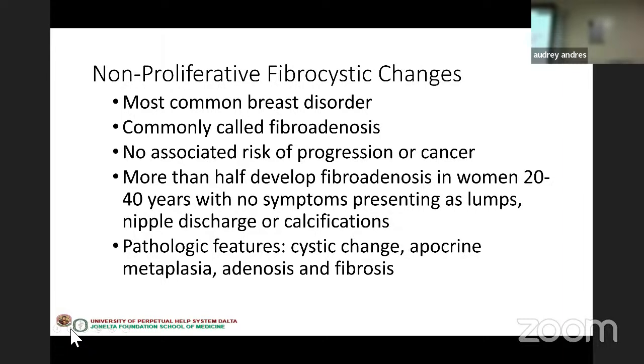So there's no associated risk of progression to cancer, and usually these develop in women 20 to 40 years, with no symptoms. So it will just present as a lump, may present as a nipple discharge or calcification. So it's just a cystic change, apocrine metaplasia, adenosis, and fibrosis.